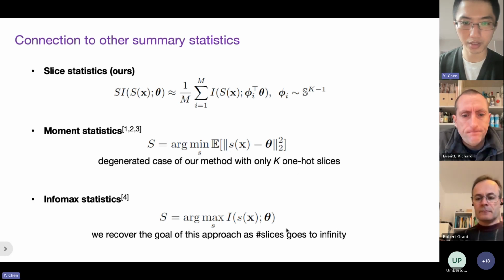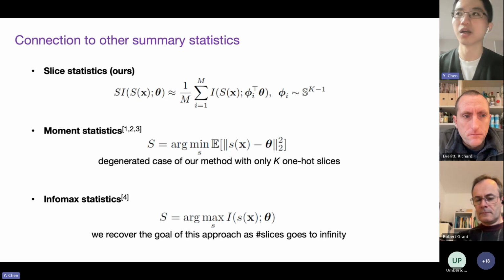And also our method is connected with the recent information approach. The connection is if the number of slices goes to infinity, then we will recover the goal of this approach. But this time we do not suffer from the difficult estimation problem in high-dimensional space because we just estimate mutual information in low-dimensional space.